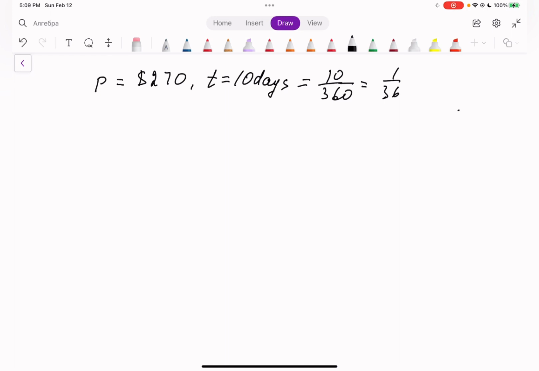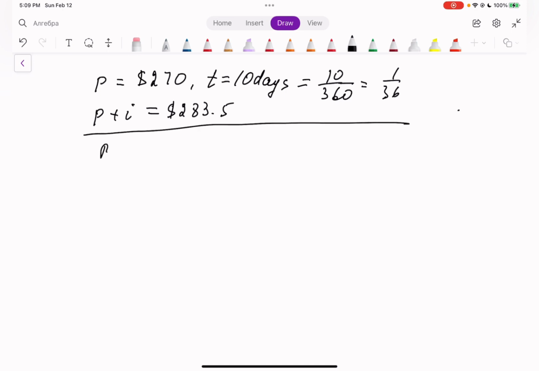What else do we have? Borrowed 270, returned, meaning with interest, principal plus interest, was equal to $283.5. We need to find the annual interest rate.